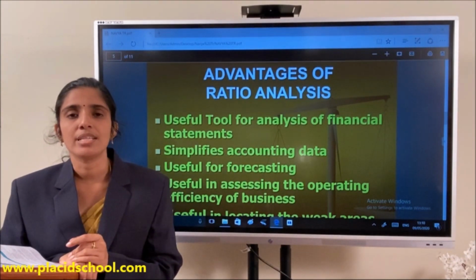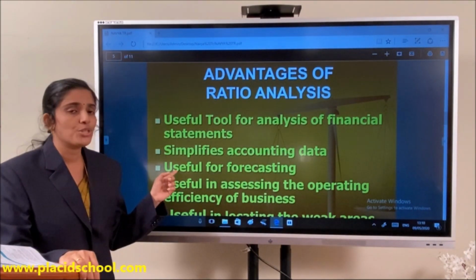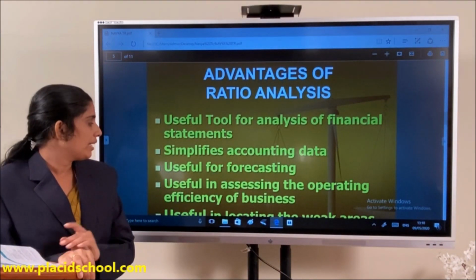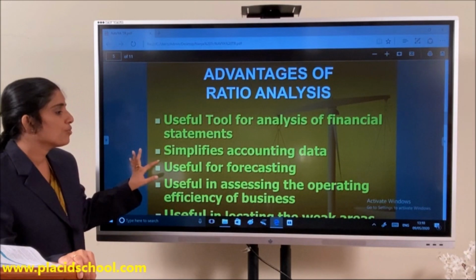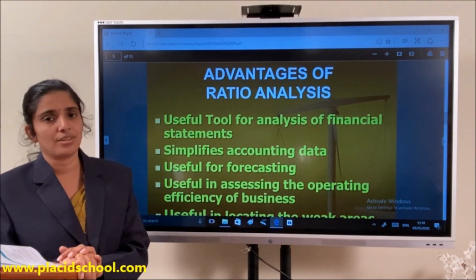That is the third advantage. Then the next advantage is that it is useful in assessing the operating efficiency of the organization.